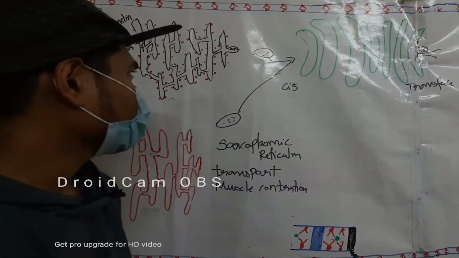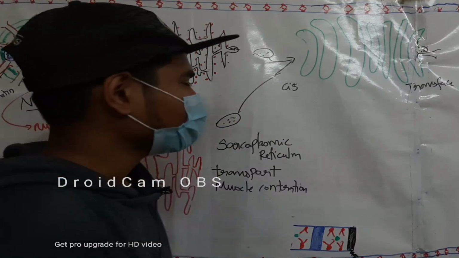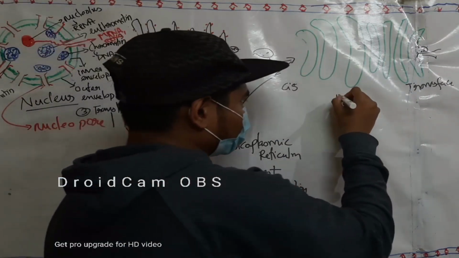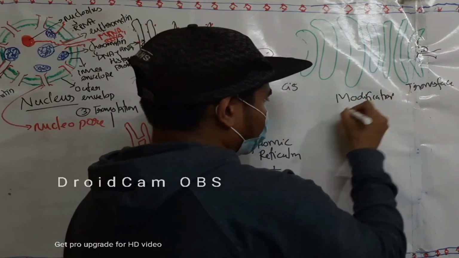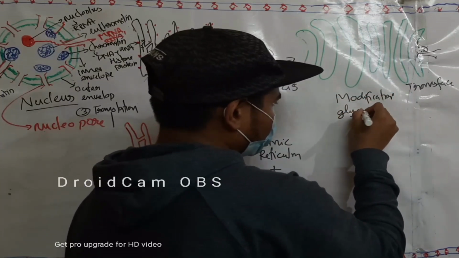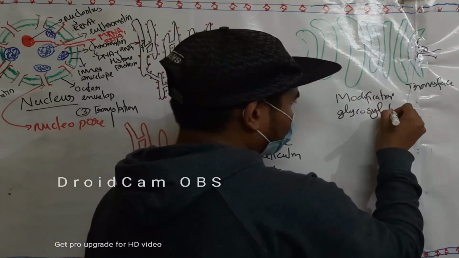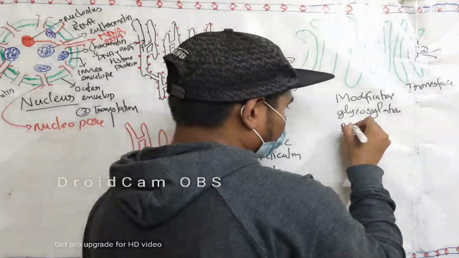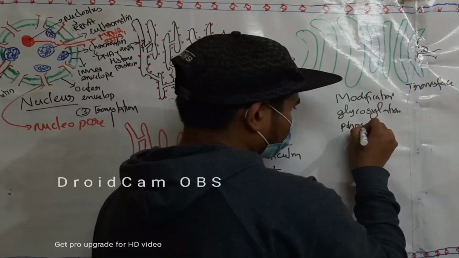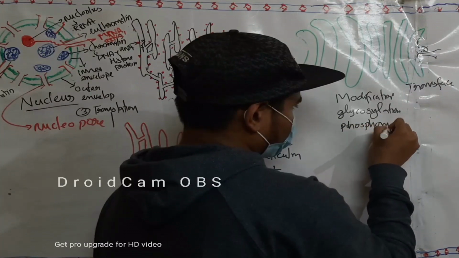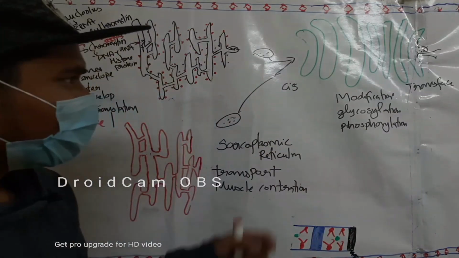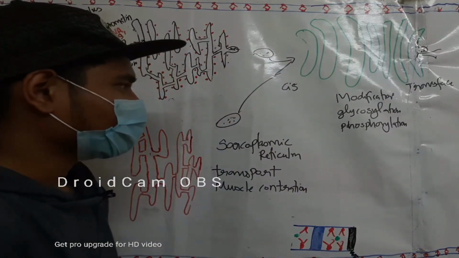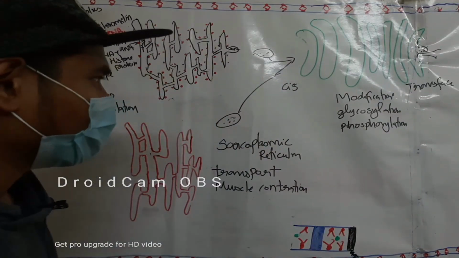In the Golgi apparatus, these vesicles undergo certain modifications. These modifications involve glycosylation, and also phosphorylation. Glycosylation here is of two types: the N-type glycosylation and the O-type glycosylation.